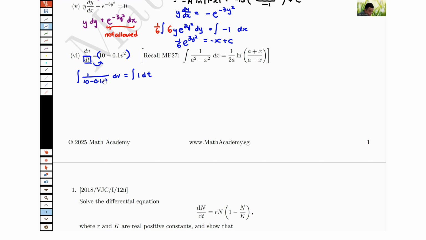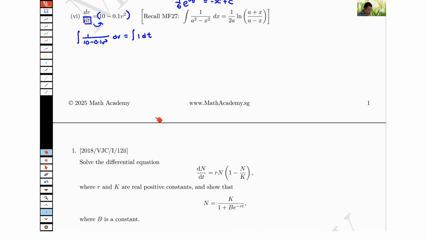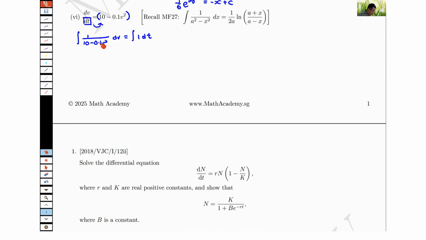Constant minus b squared. We are going to aim for this MF27 formula. But to make it easier, because 0.1 is not a nice squared number, I'm going to shift out 0.1 as a factor in the denominator. We will get a nice number below. You will get 100 here.